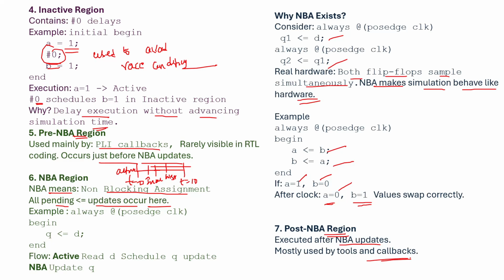That means it operates internally, not visible externally. Suppose synthesis is done, we are seeing the netlist. What happens internally we can't see, right? So that will be executing in this post-NBA region.